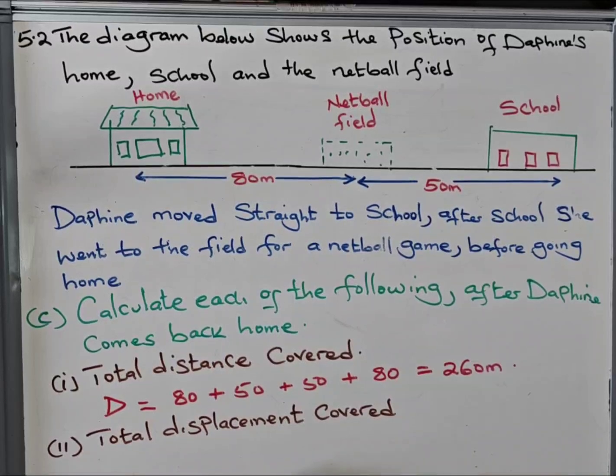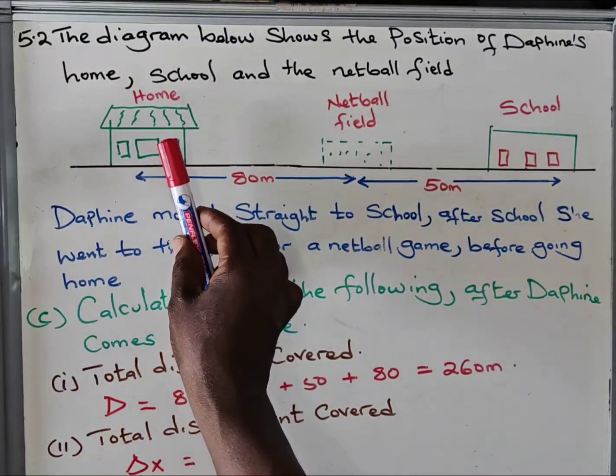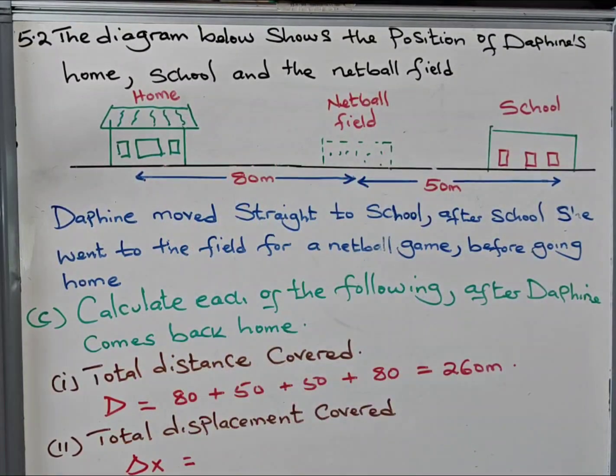Then we come to this one, total displacement covered. So what is it? This is what we know, that displacement, which is delta x, is equal to Daphne moving, passing the field, which is 80.